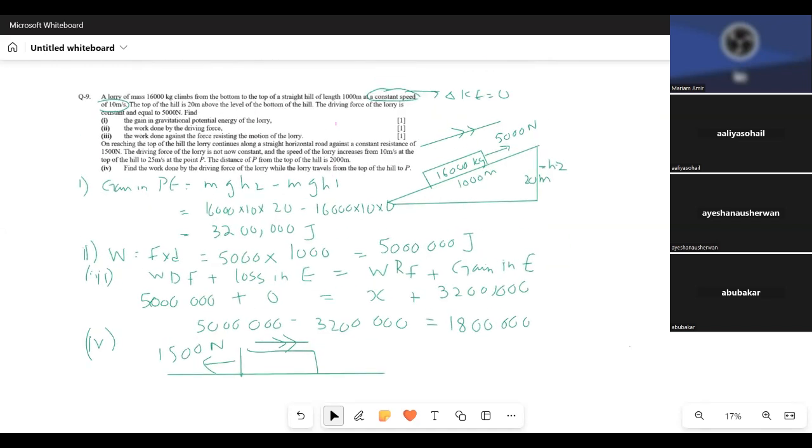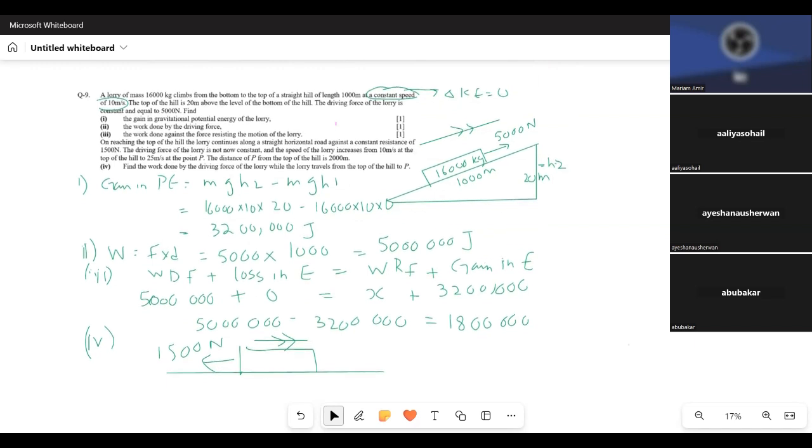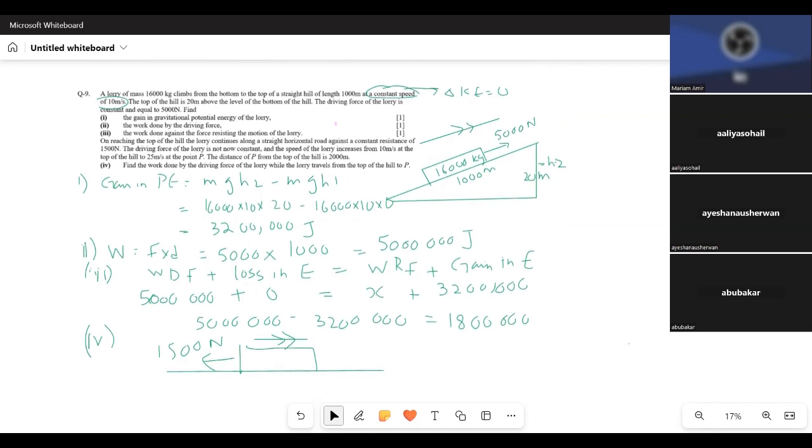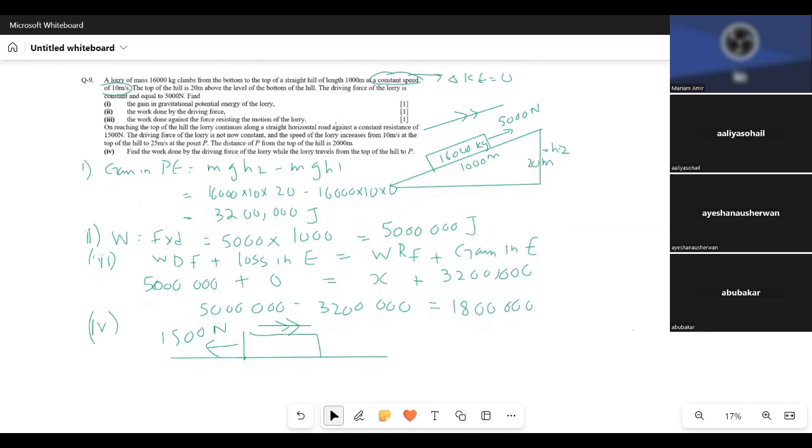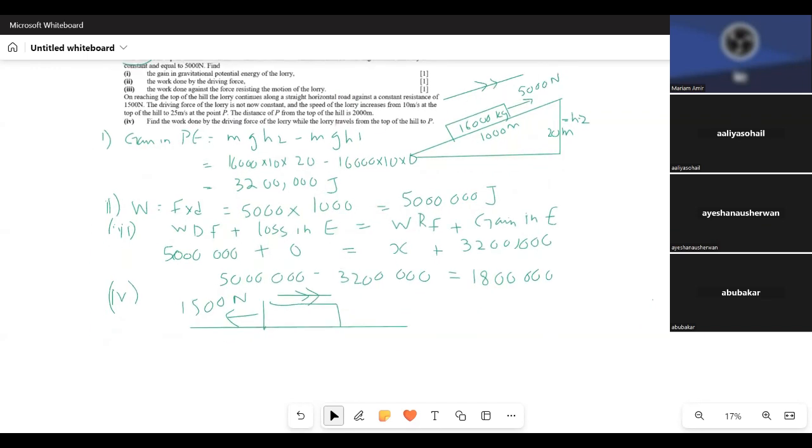Here the driving force of the lorry is now not constant and the speed of the lorry increases from 10 at the top of the hill to 25 at the point P. Okay, so initially the speed is 10 and then it becomes 25.